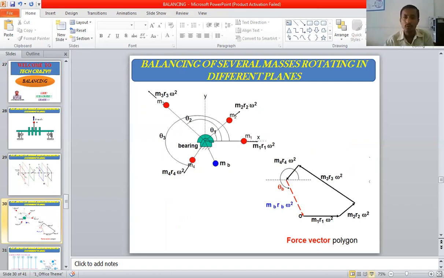Okay, so how to draw the force polygon. Look, first this line of action: if it is towards the left, or if it is towards the right, we have to go for the right. Afterwards, look, this is the origin.